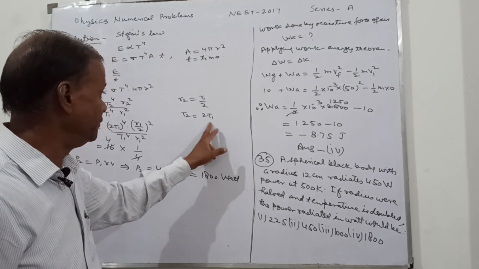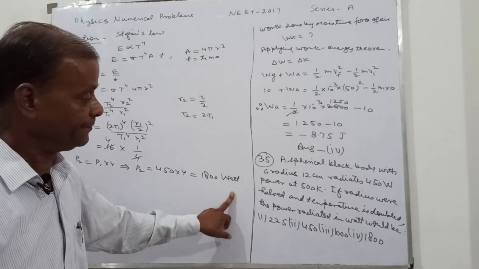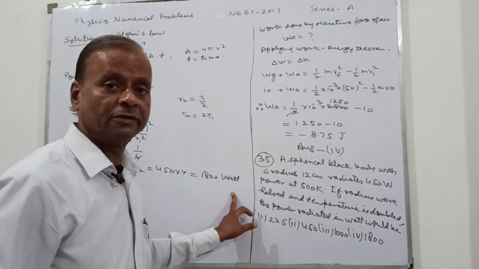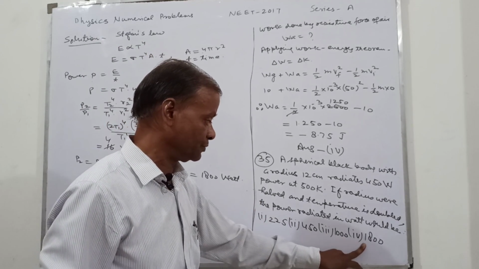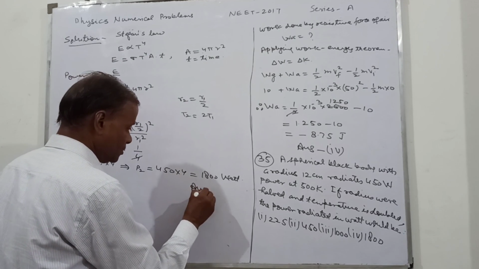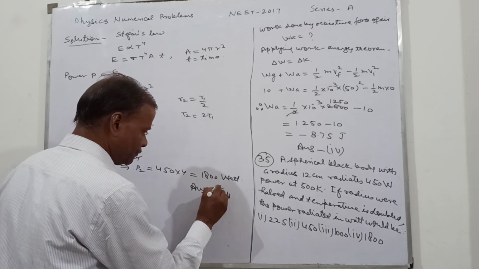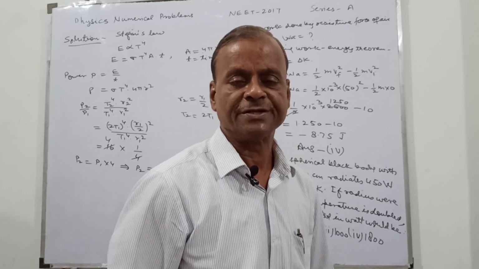So even by using this data, you can find the similar answer. This is direct use of the Stefan's law. So our right choice for this question is the fourth. This is how to apply the Stefan's law.